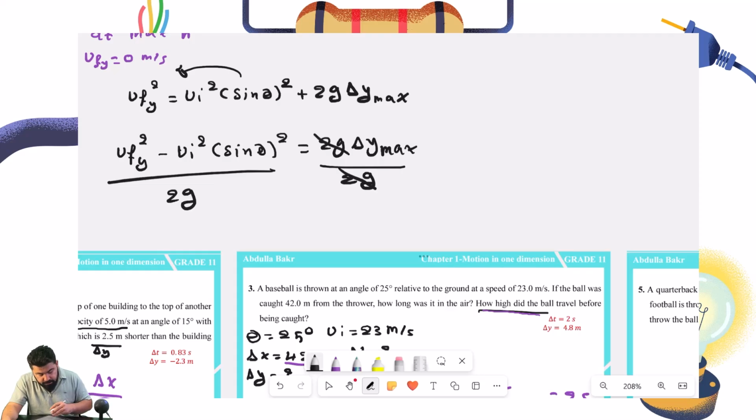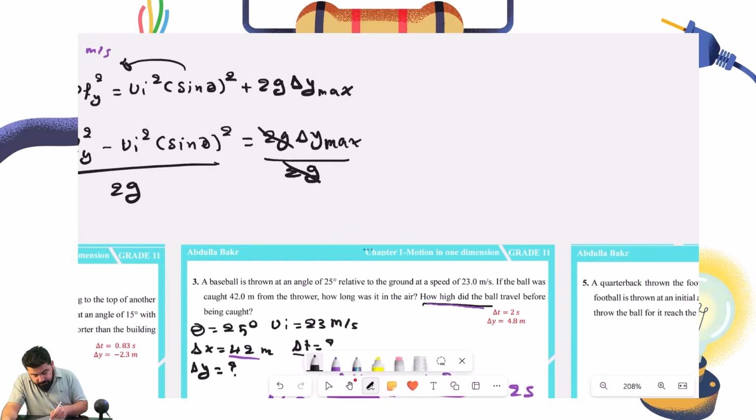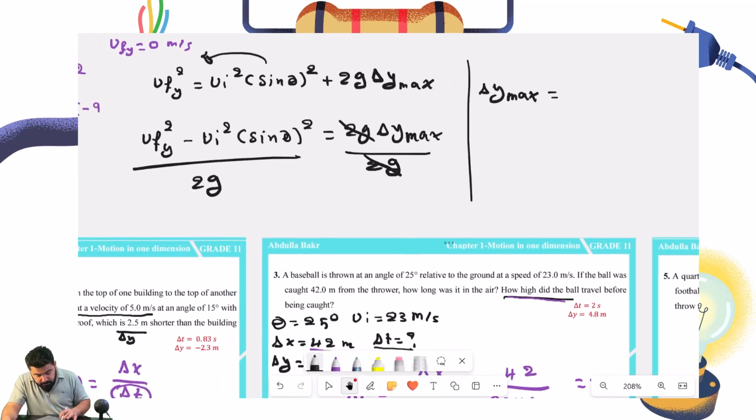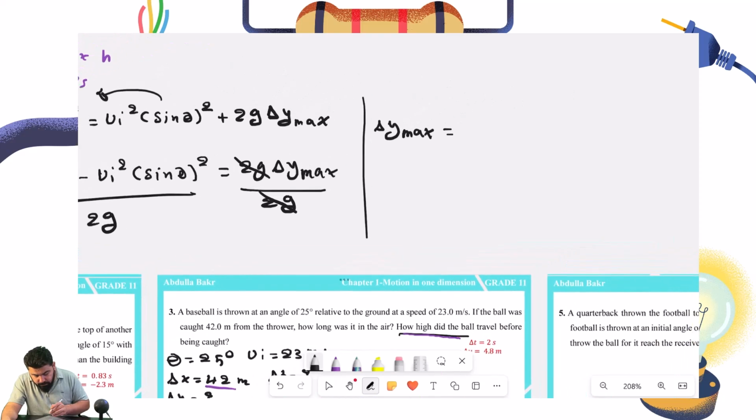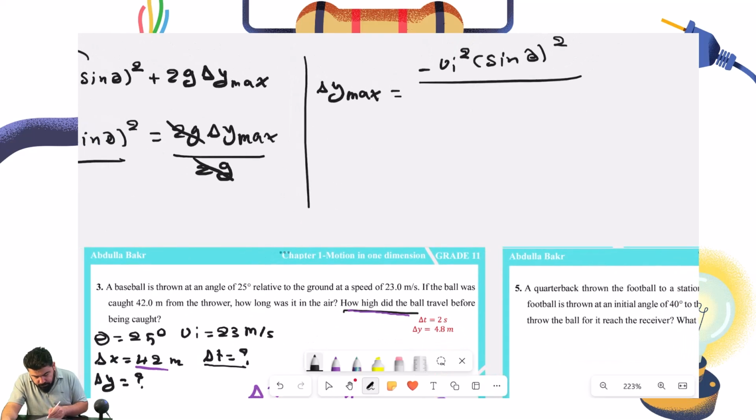So these two cancel. I have this one, delta y maximum is equal to, we already know that v final is 0, so it's going to be negative v initial squared multiplied by sine theta squared divided by 2g, which is 2 multiplied by gravity.